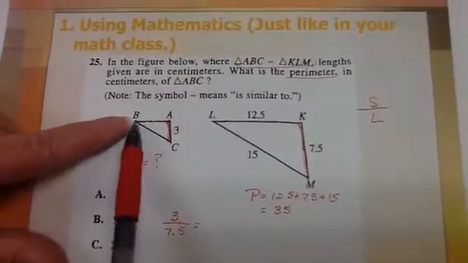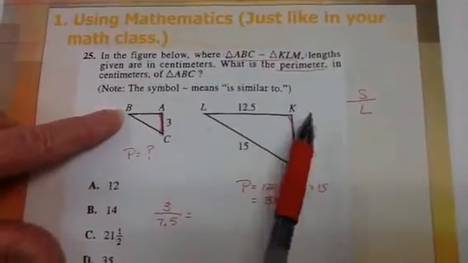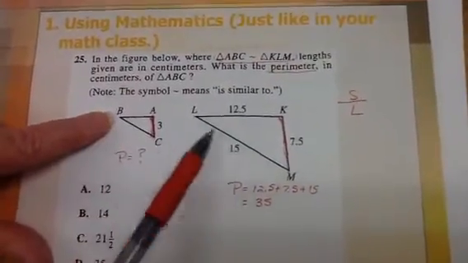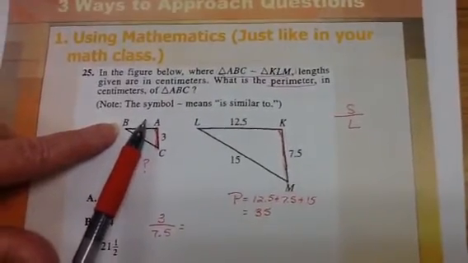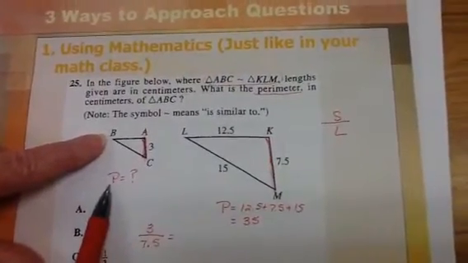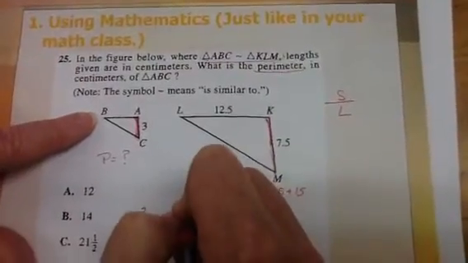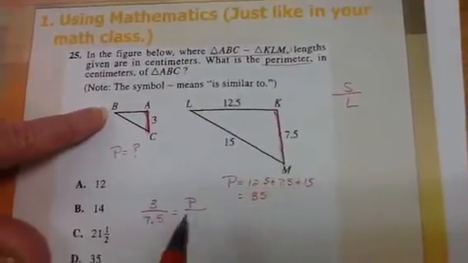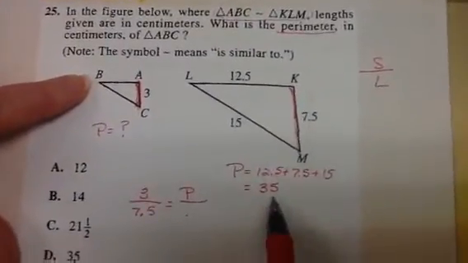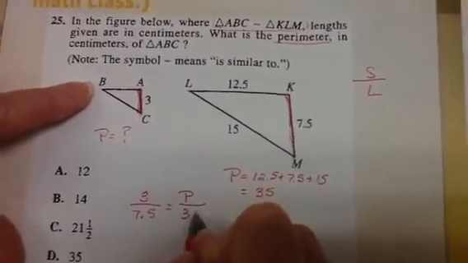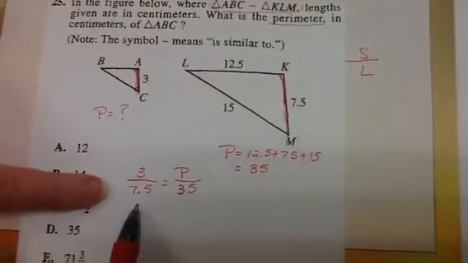Now I could put AB over 12.5, or I could put BC over 15 to find out what those sides would be. But my question asked for the perimeter. So I'm just going to look at the perimeter of that. Perimeter over, and now I need the perimeter of the large triangle, and I've already found that to be 35. This is my proportion.